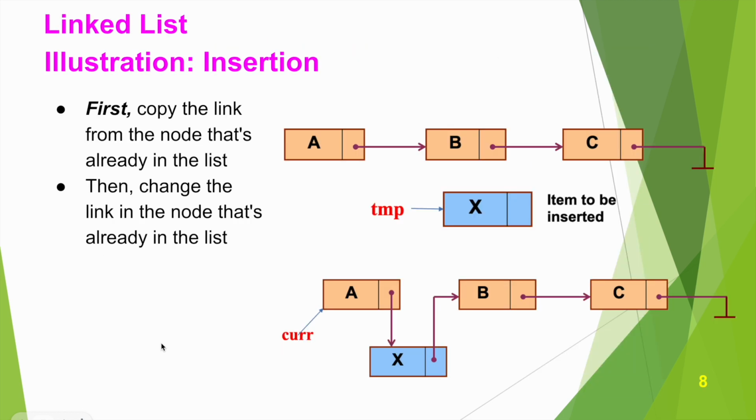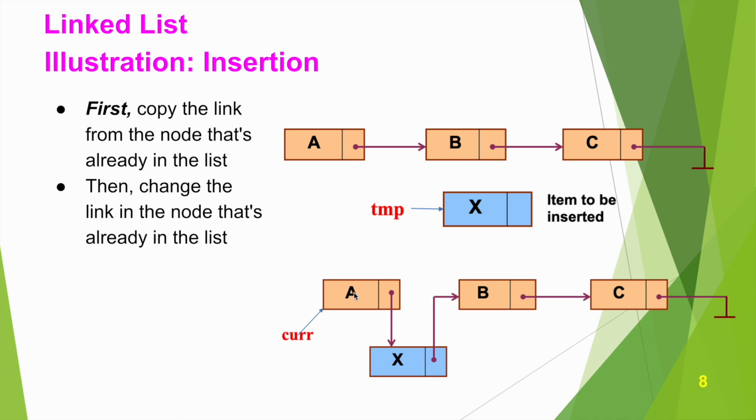Let's see the illustration of insertion of a new element in the linked list. Let's say we want to add this element X between A and B. What we do is we copy the link in A and change it to point to X. We want to make the pointer go towards X, so we change A's next pointer to X, and we add B's reference into X's next value.